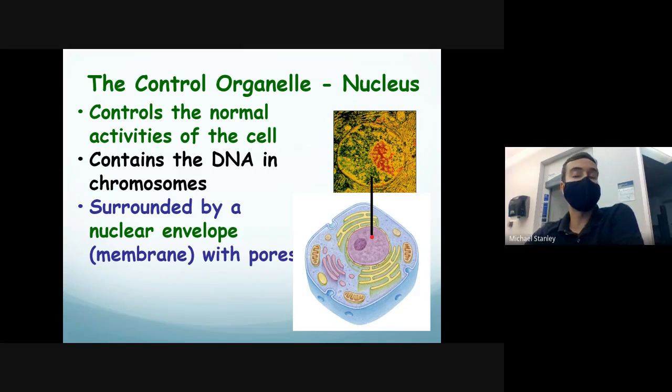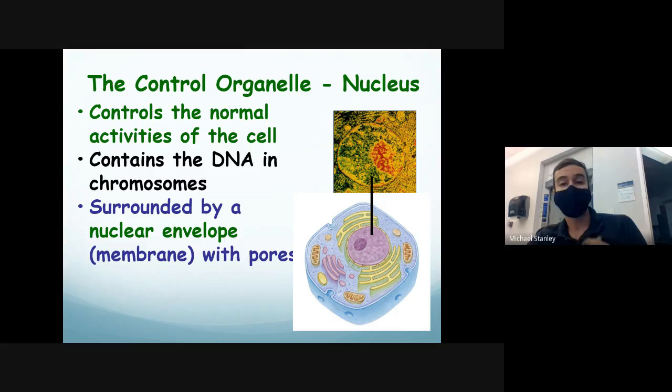We'll talk more about DNA and chromosomes at the end of this term. But essentially, your DNA isn't just floating around in one big, long string. It's separated up into different chunks called chromosomes. Depending on what type of animal or plant you are, you might have a different number of chromosomes inside your nucleus.